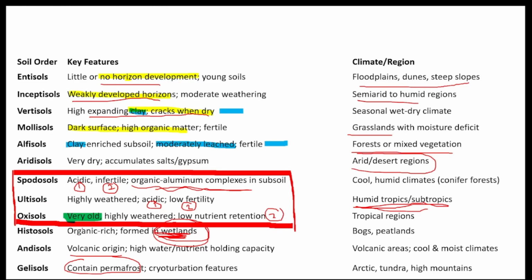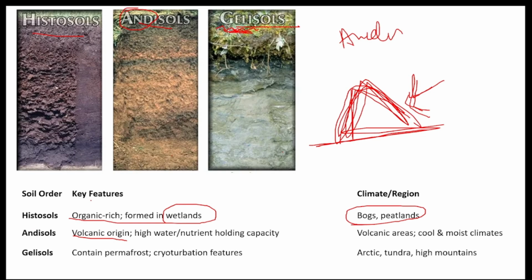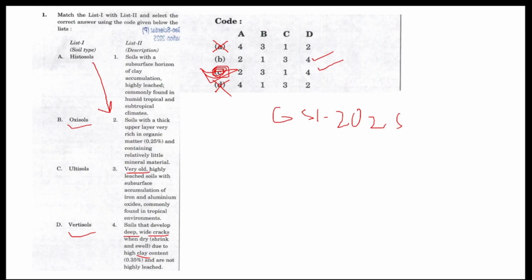Organic rich, found in wetlands. Okay, in this question, although we have found the answer, but they have also mentioned this characteristic, organic rich. Fine, it's fine. Histosols are organic rich. Alright, then ultisols are what?